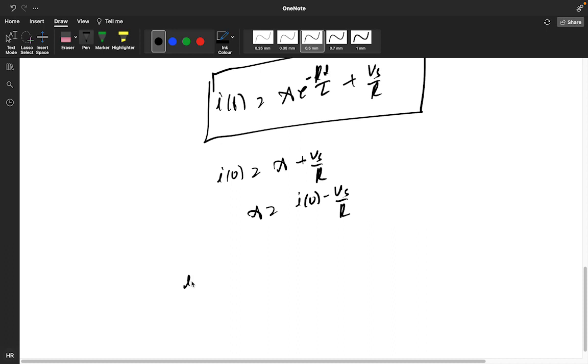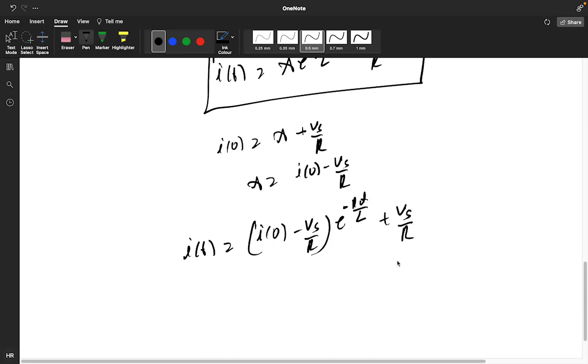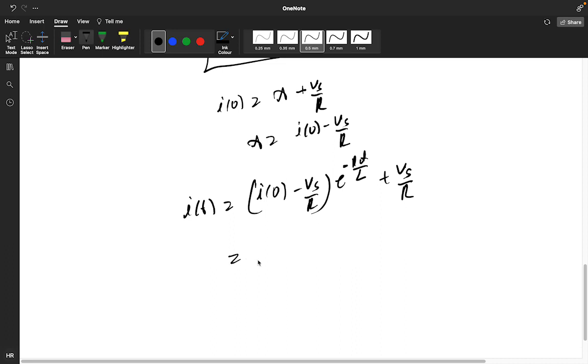If you substitute, I of t is I of 0 minus Vs by R, times e power minus RT by L, plus Vs by R. So guys, what you will get: Vs by R plus I of 0.